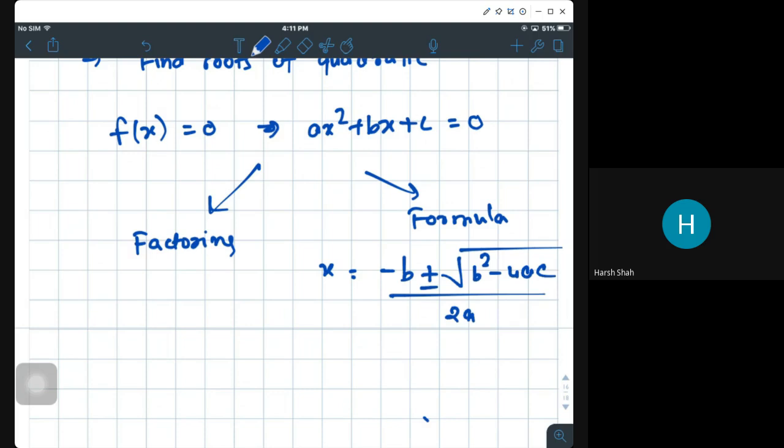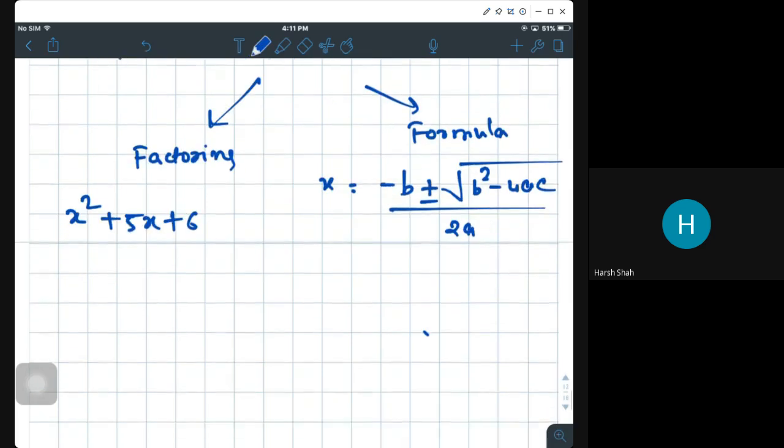By factoring, I'll show you with the help of an example. Let's say I have x squared plus 5x plus 6. I have this as my function.